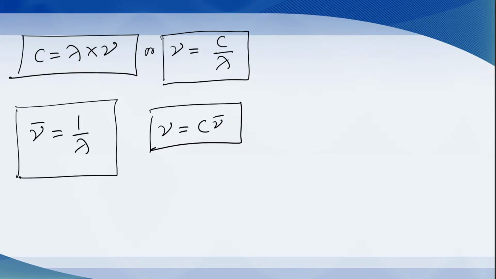Keep in mind these relations because we use them in Planck's equation, E equal to h nu. In place of nu we can use c over lambda, or in place of lambda we can use nu bar, by these relations.